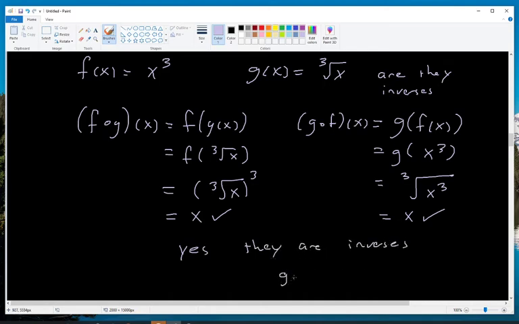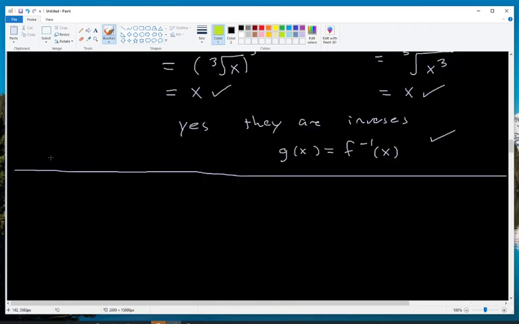And we could say g of x is equal to the inverse of f of x. So g of x is actually the inverse. So yes, we showed that the two compositions go down to just x, so these two functions are each other's inverse. We're going to do one more of those types, and then we'll look at a couple things to wrap up stuff.